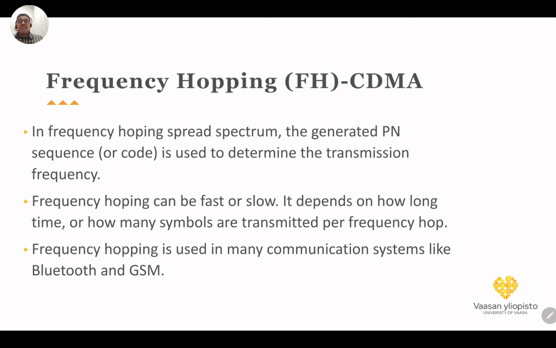Frequency hopping CDMA is based on this sense: we don't spread the original signal over a much wider bandwidth. Instead, we keep the same narrow band of the information signal, but every time we transmit over a different carrier.